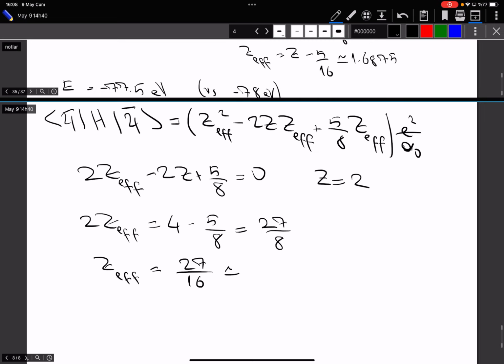Which is 1.6875. So effectively, each of the electrons doesn't see the full two charge in the nucleus. The other electron partially screens that charge by around half a charge, well, 1/3. It will effectively see a smaller charge. What is the minimum value of this one?